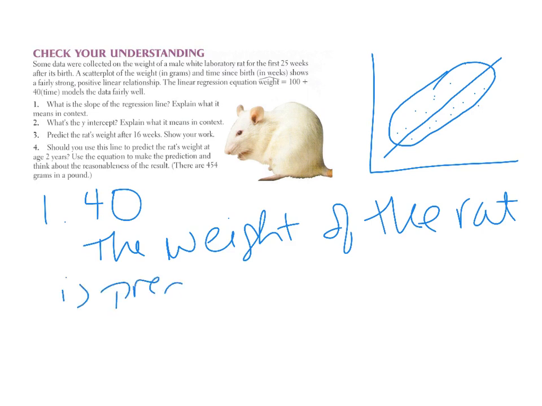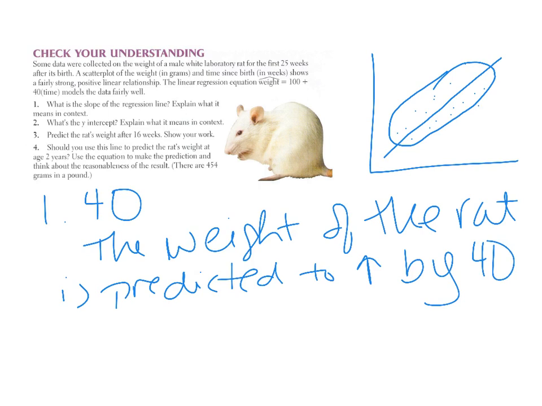is predicted to increase or decrease. Since it's a positive slope, it's predicted to increase by whatever the slope value is, 40, and we're measuring it in grams, so by 40 grams.